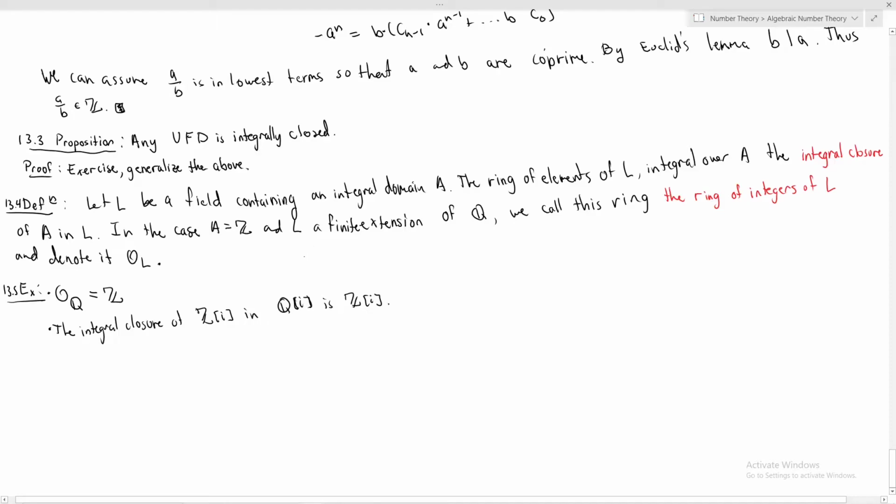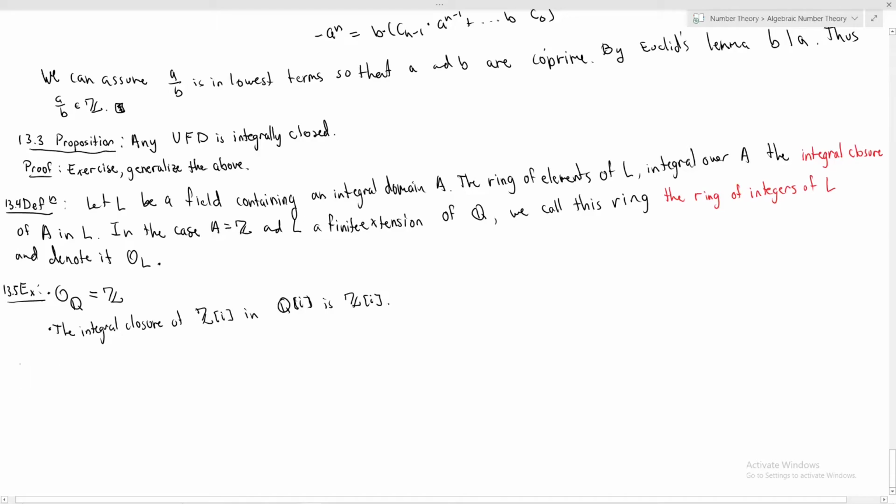I know this since Z adjoin i is a UFD, and proposition 13.3 tells us that those are integrally closed in their field of fractions.